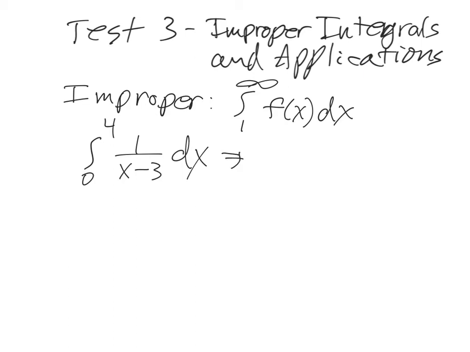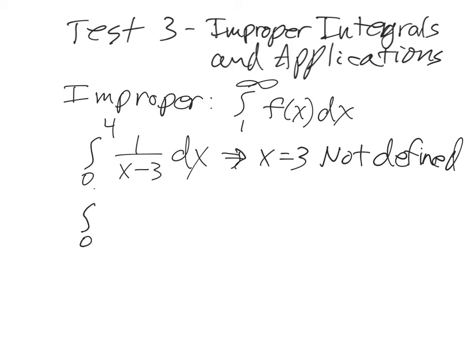It's not defined at x equals 3. So to work this out, we'd have to integrate from 0 to, well, technically 0 to b as b approaches 3. But notation-wise, we can kind of show that.